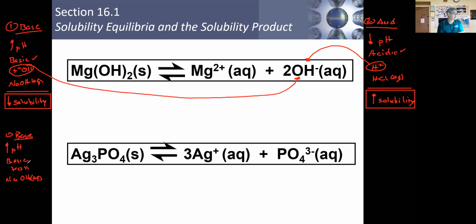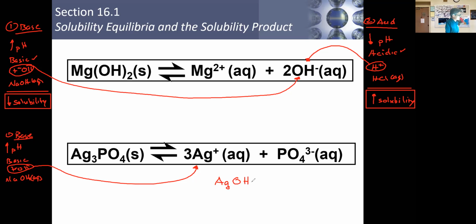Obviously there's no common ion here, and it won't do anything with the phosphate. But if the hydroxide gets in there, you can imagine that it will react with the silver to form silver hydroxide.